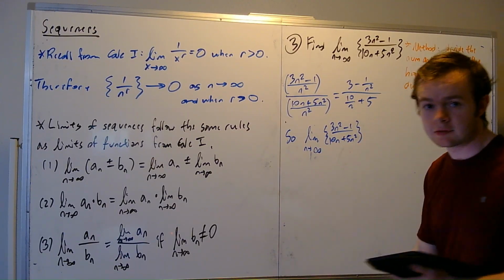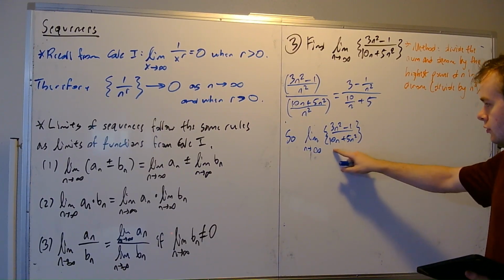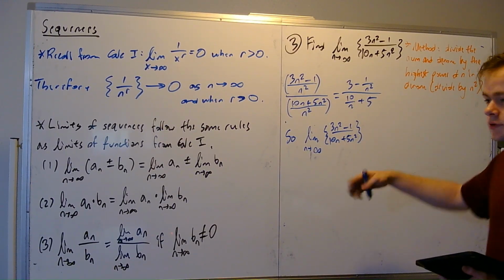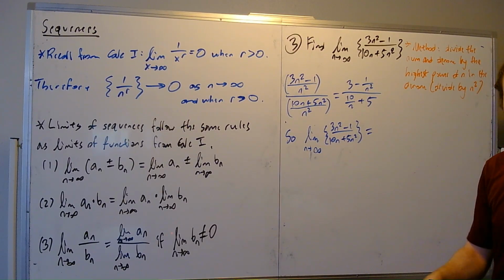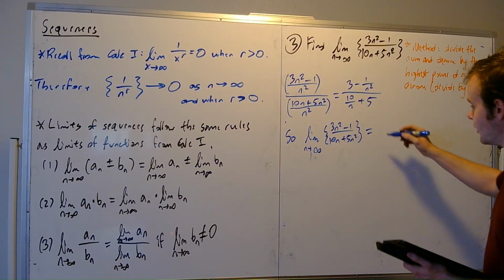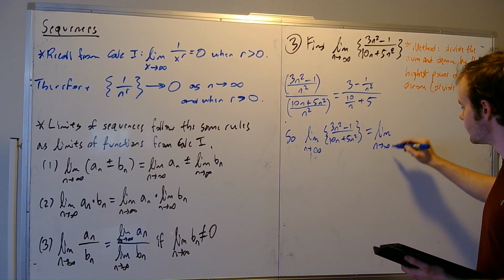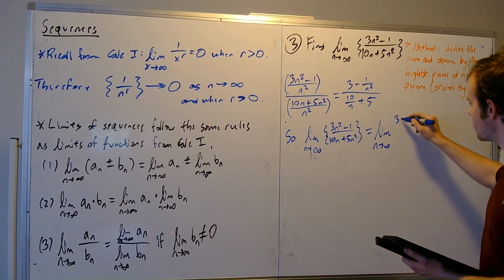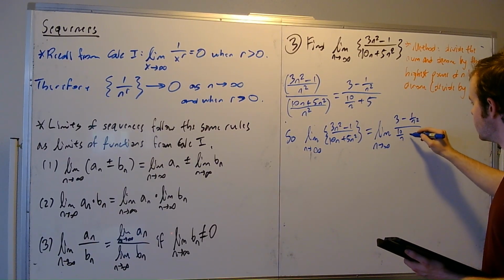Remember, this is a sequence. This isn't just some limit. This is the limit of the sequence of numbers. But we can solve it the same way, just taking the limit of this function. So it's the same thing as the limit as n goes to infinity of 3 minus 1 over n squared over 10 over n plus 5.